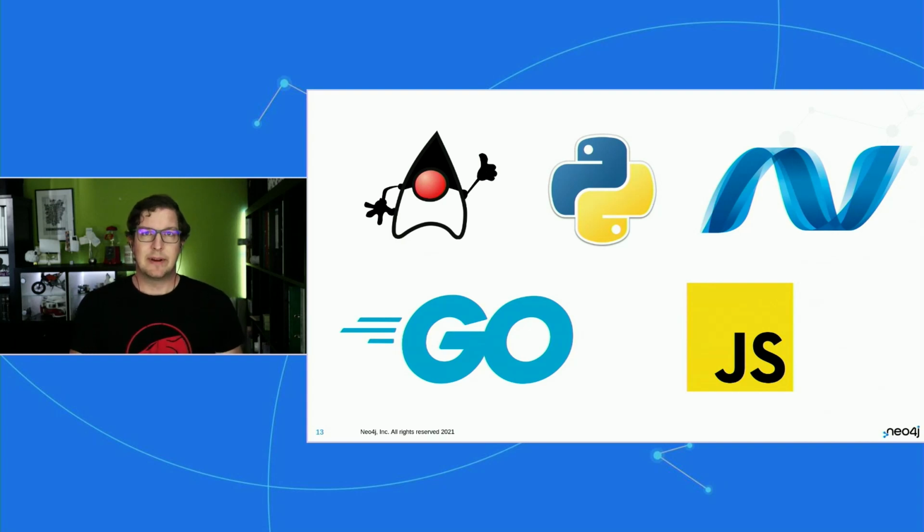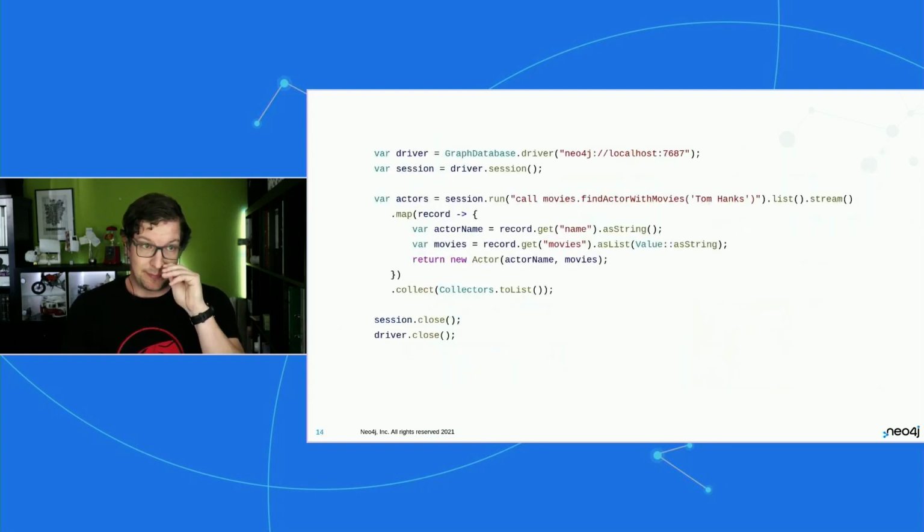Focusing now on the Java driver, this is a common pattern for how to use the Java driver in a more explicit way. I create a connection to my instance, in this case, a local instance. To work directly with the Java driver, I need to create a session. And within this session, I call my Cypher. For example, in this case, I just call the method I created in the database.